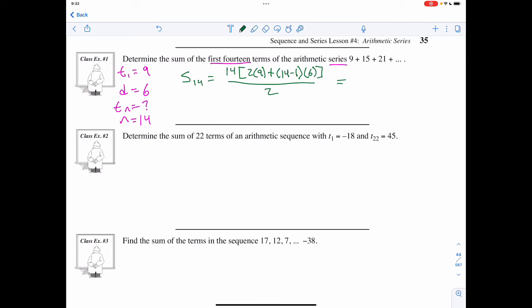When I plug it in and double check to make sure that I put it in my calculator properly, that's going to give me 672.